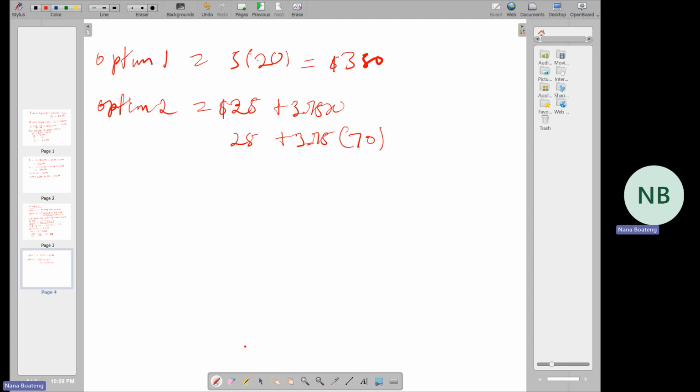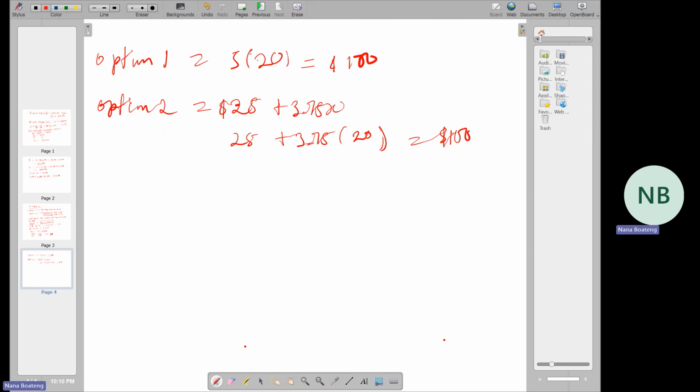And this equals 100, not 350. So this is equal to 100. And option 2, let me change this to 20 instead of the 70 that I mistakenly wrote. So this is 20. And so if we add this up, then we should also get $100.